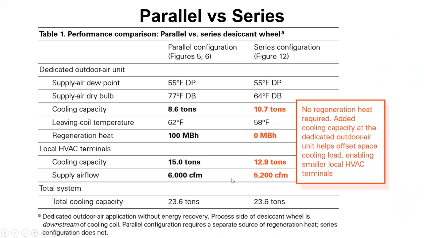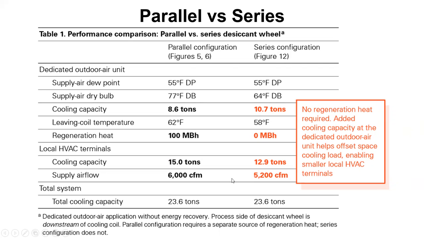Okay, so here's some comparisons between parallel and series. Let's just look at the dedicated outdoor air unit. Supply air dew point in the space is 55 for both, so no change. Supply air dry bulb temperature: that older parallel regen was putting 77 degree air in the space, and this series is putting 64 degree air in the space. So that's 13 degrees colder.